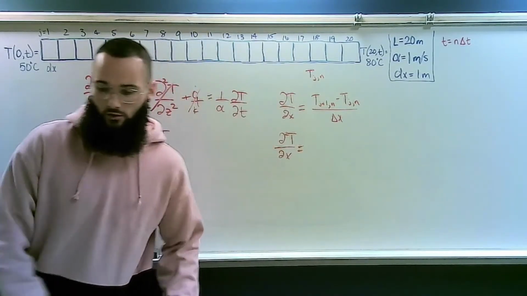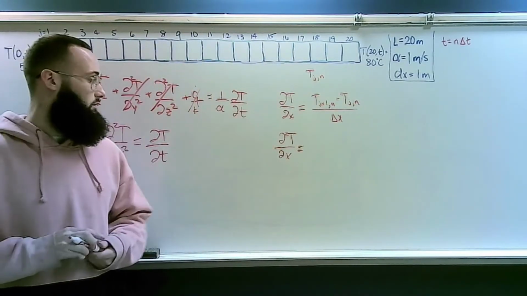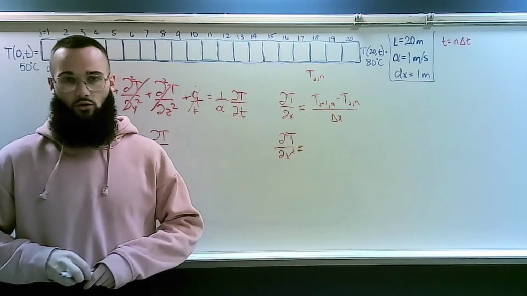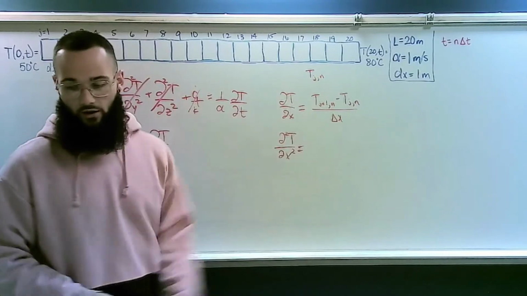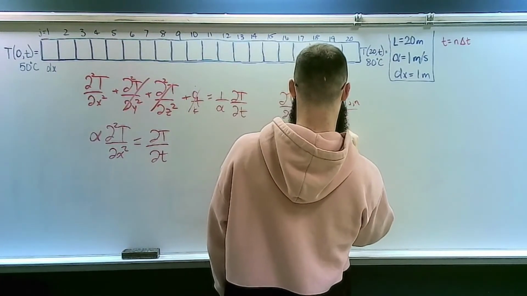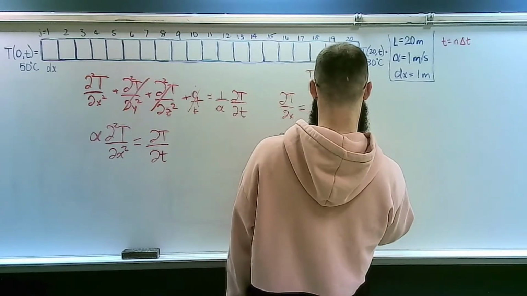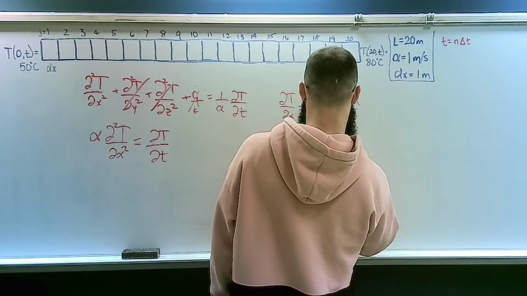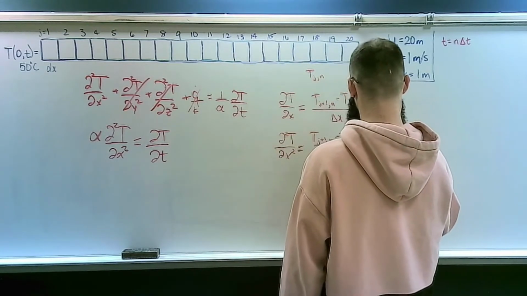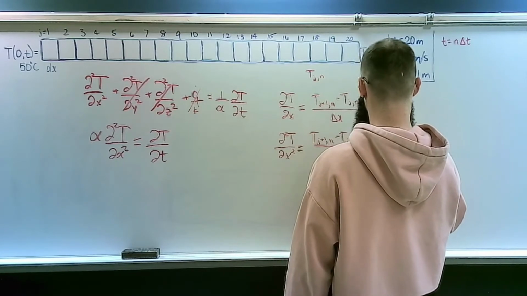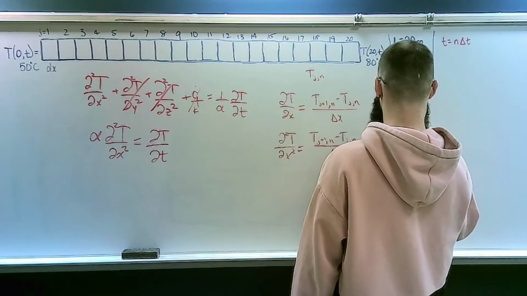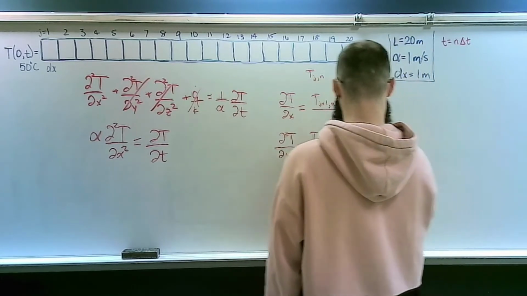So the second derivative of temperature as it relates to x is going to be the derivative of this, which is just going to be T j plus 1, n, minus T j, n, over delta x, minus T j, n, minus T j minus 1, n, all over delta x.